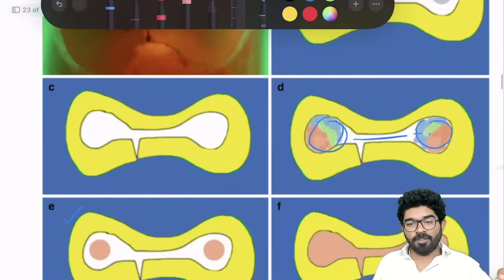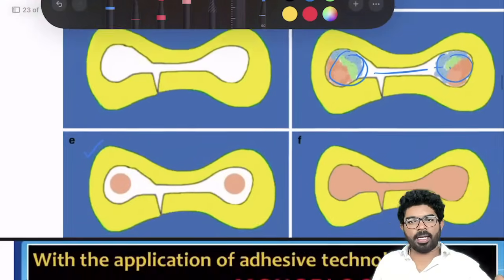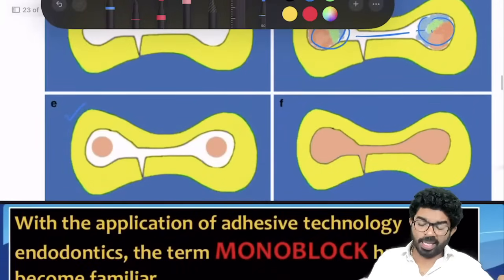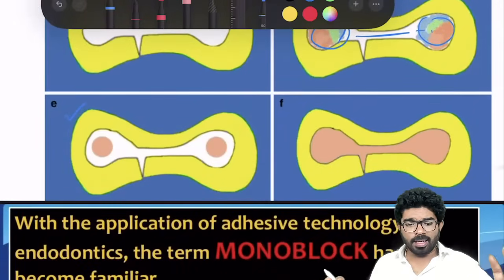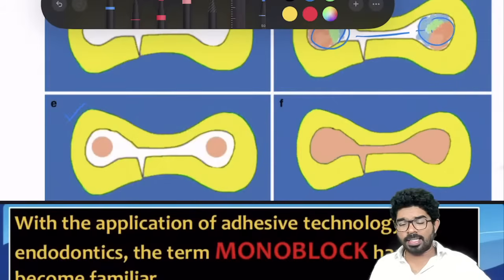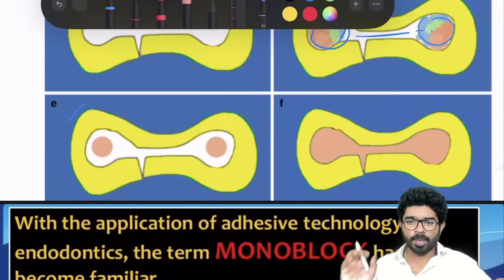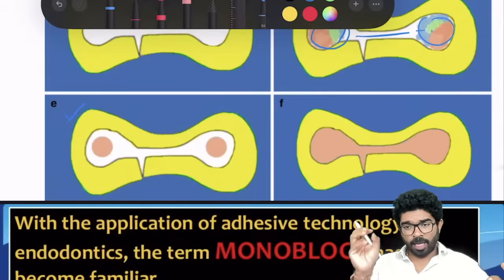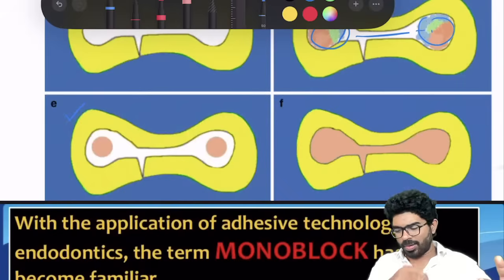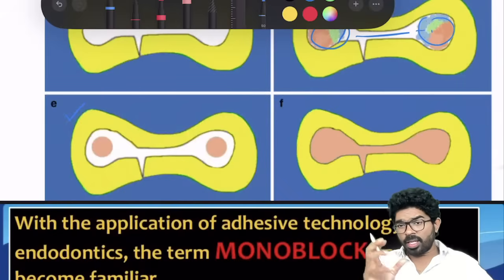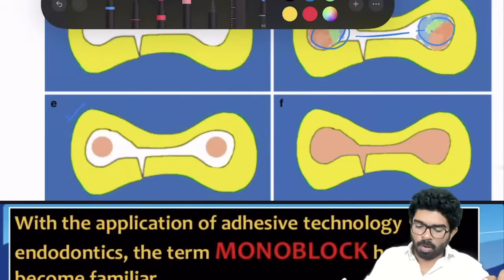But the type of unity I expect in my root canal system is this one. Whatever you keep inside, whether multiple cones, whether thermoplastic gutta-percha technique, whether fiber posts, whether sealers, everything should form together as a single block.